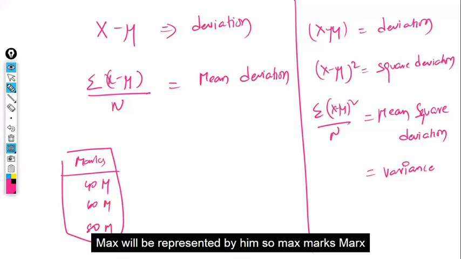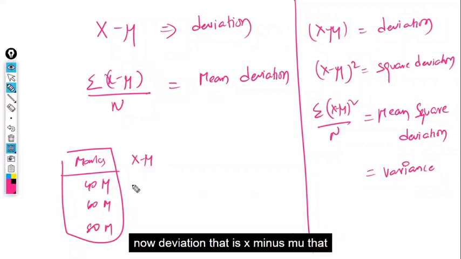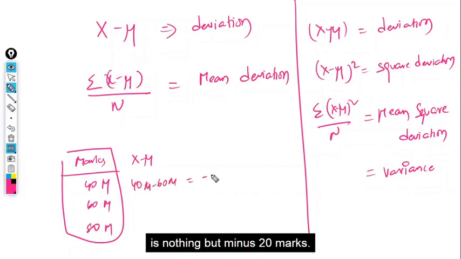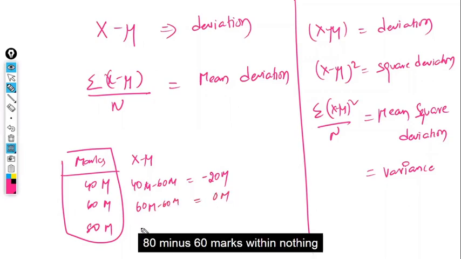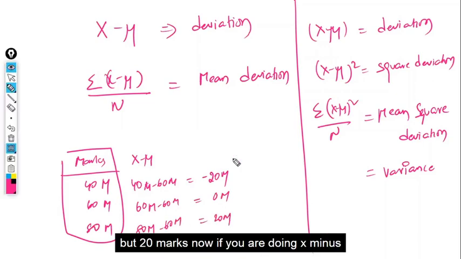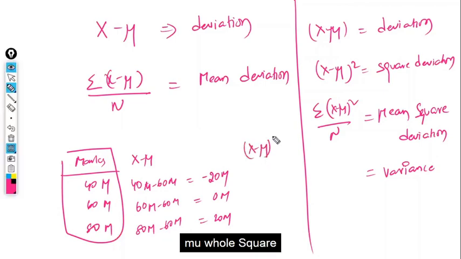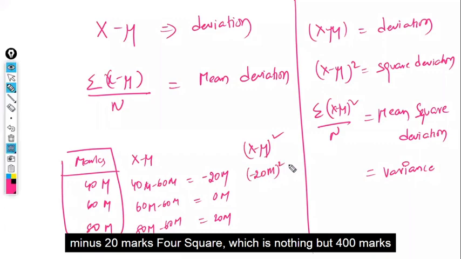Marks will be represented by M. Now the deviation, that is x minus mu: 40 marks minus 60 marks is nothing but minus 20 marks. 60 minus 60 marks is nothing but 0 marks. 80 minus 60 marks is nothing but 20 marks. Now if you do x minus mu whole square, minus 20 marks and 20 marks whole square is nothing but 400 marks square.